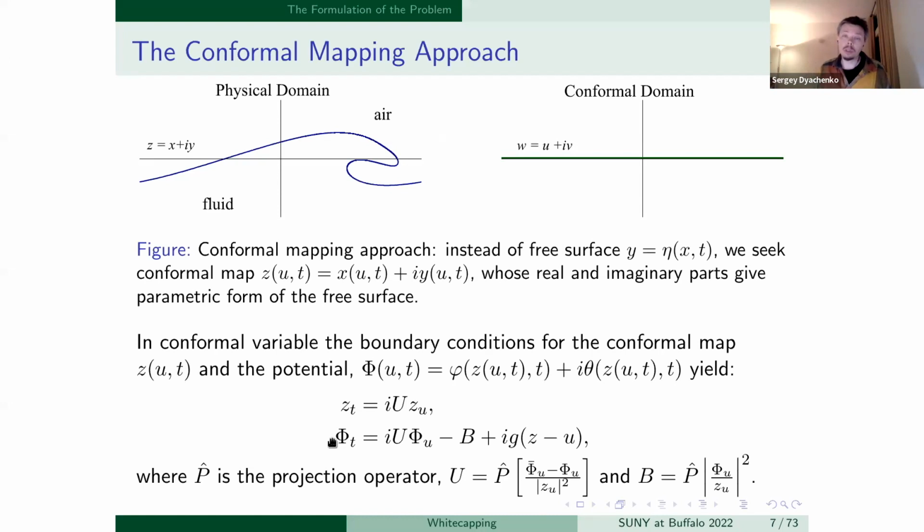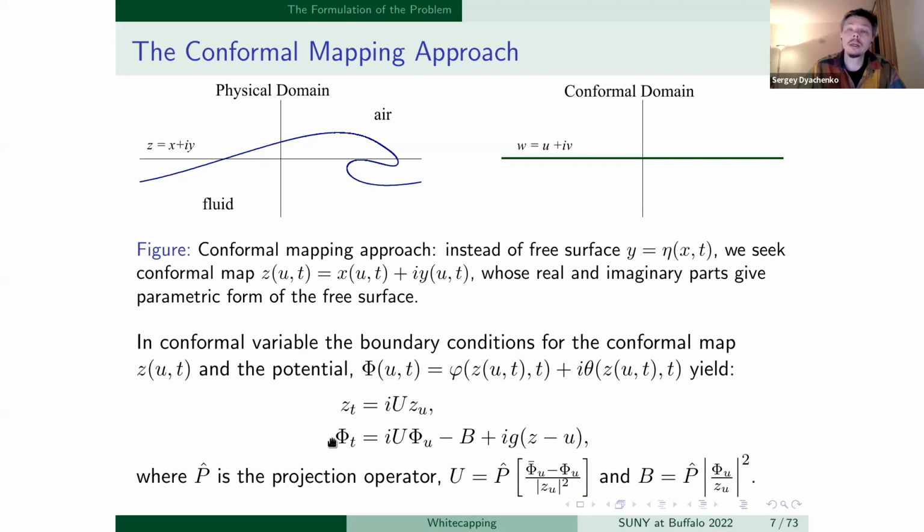And at this point, it's nice to introduce a conformal mapping approach. So this was originally done by Stokes himself for the traveling waves. But for a fully time-dependent problem, this was first introduced in the work of Ovsyannikov in 1973, and then was hugely successful in the works of Dyachenko in 1991.